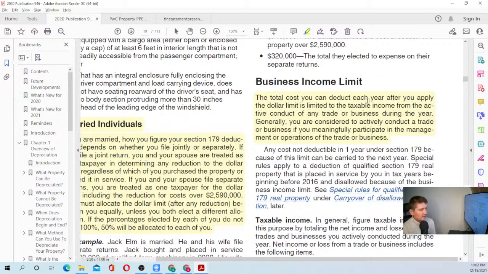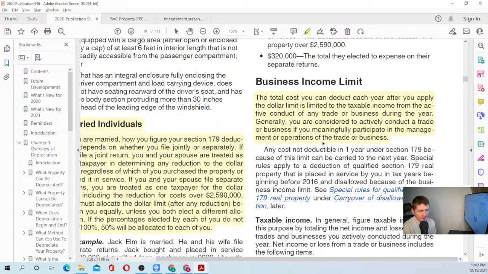So you cannot deduct more than your earnings. Any cost non-deductible in 1 year under Section 179 because of this limit can be carried to the next year. Special rules apply to deduction of qualified Section 179 real property that is placed in service by you in a tax year beginning before 2016.